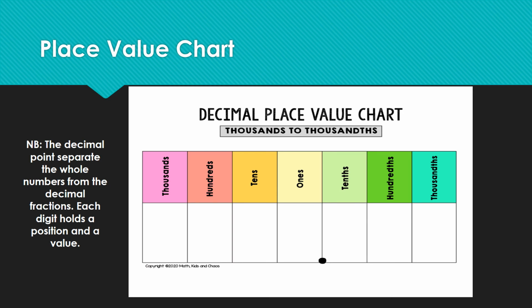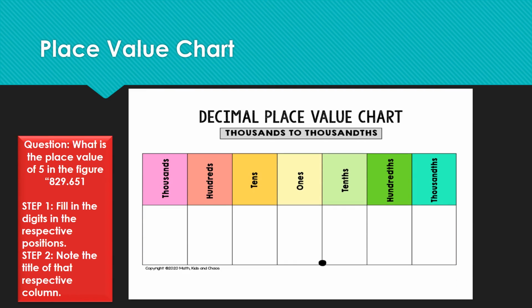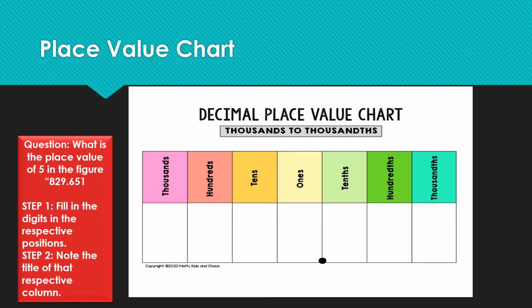Alright, so now we can look at a question. So this is the question. What is the place value of the 5 in the figure state? You can take a look at the figure and tell me what you think. So as I told you, the whole numbers will be on the left of the decimal point and the decimal fraction portions would be on the right.